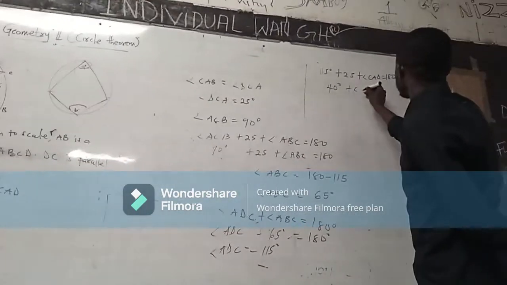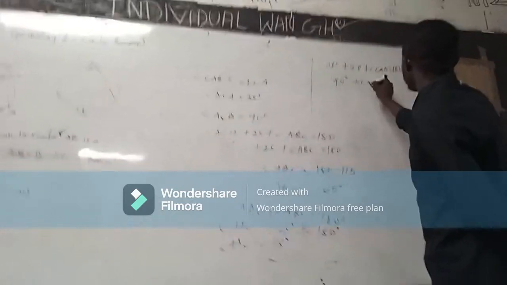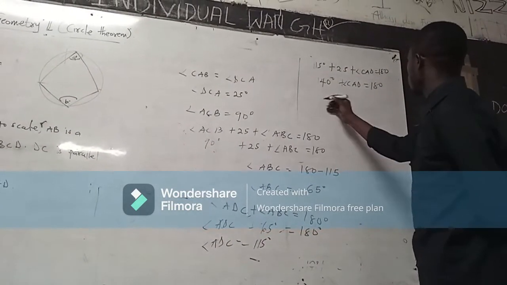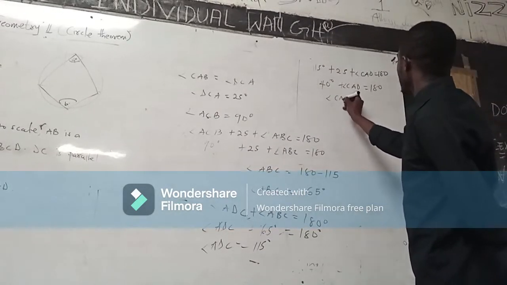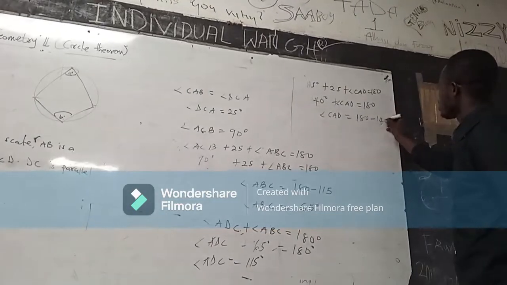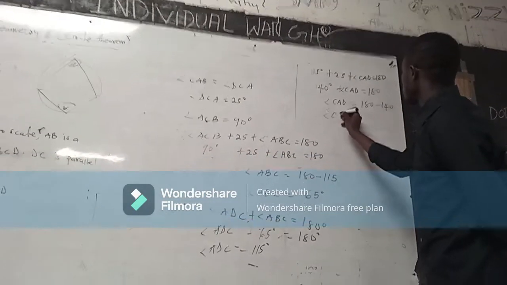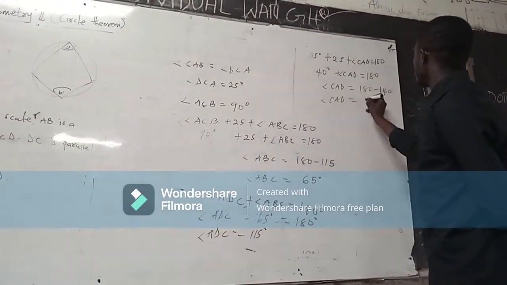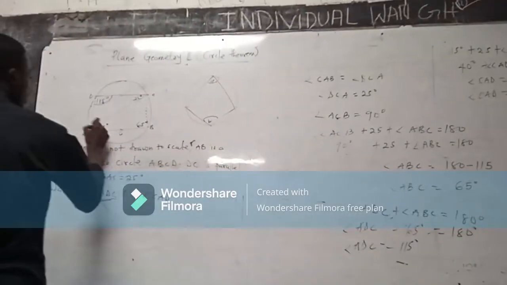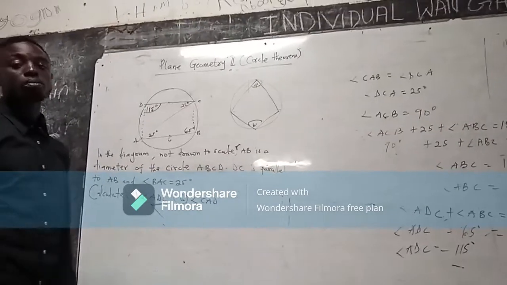So 140 plus angle CAD is 180. So CAD is 180 minus 140. CAD will be equal to 40. So the angle that they are asking us is 40.